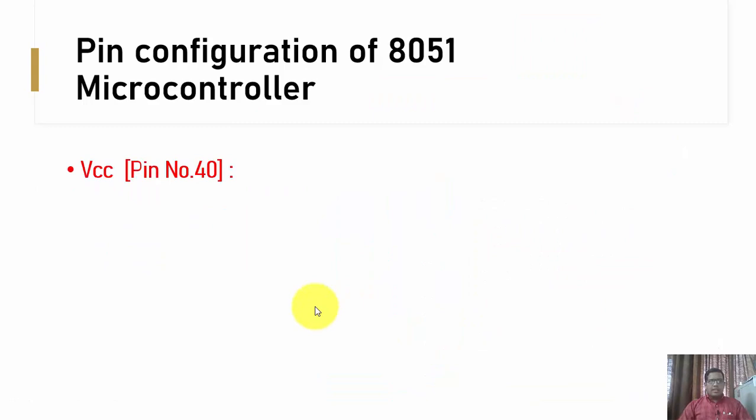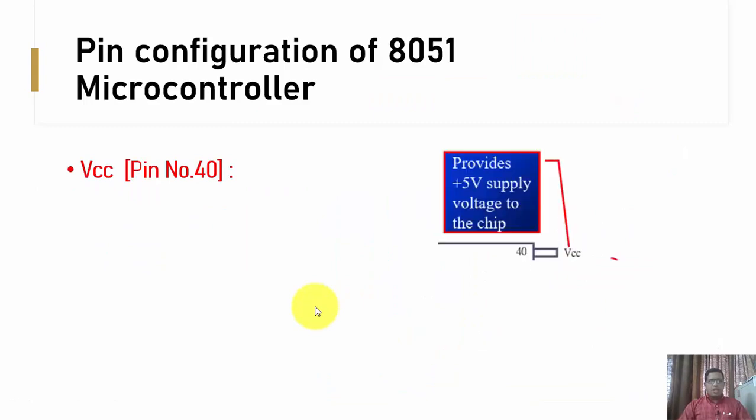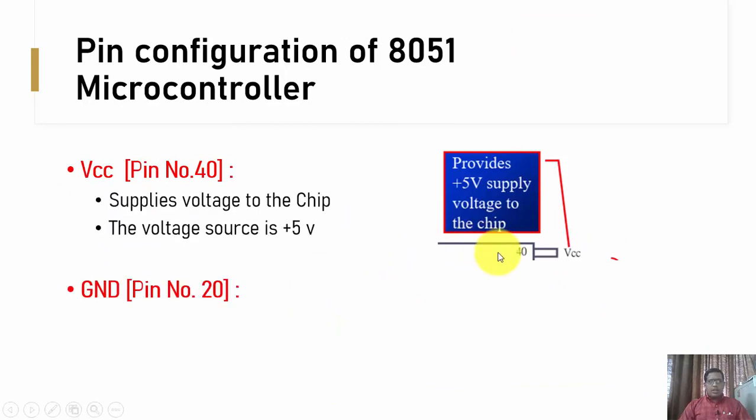First, VCC, that is pin number 40. This pin is basically used along with the ground pin, that is pin number 20, to fulfill the power supply requirement. To run the internal blocks of this microcontroller faithfully, a plus 5 volt voltage source is used.